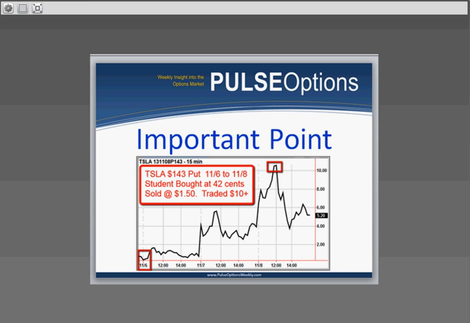This particular pick was when I said, I don't care if it goes up, I don't care if it goes down, buy puts, and I went into great detail on why, and it worked. But again, I remind everybody, when you're not sure, you can buy both the call and the put.